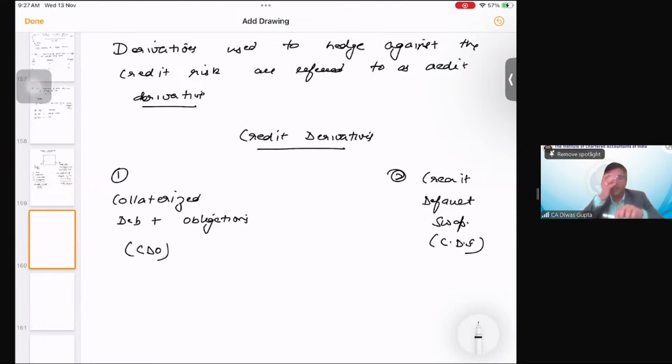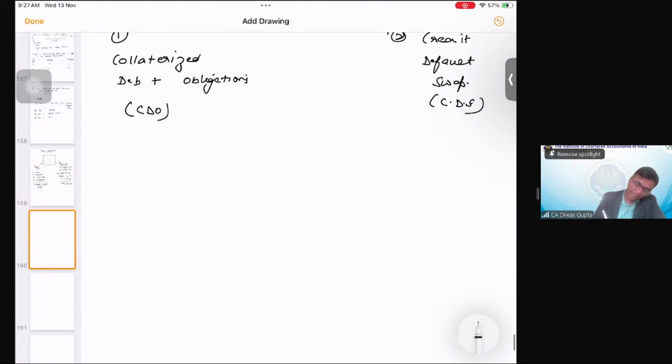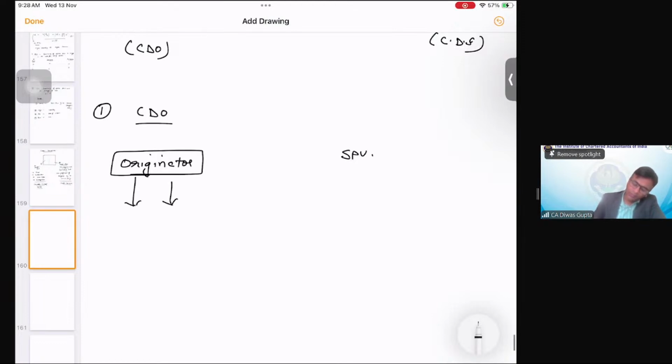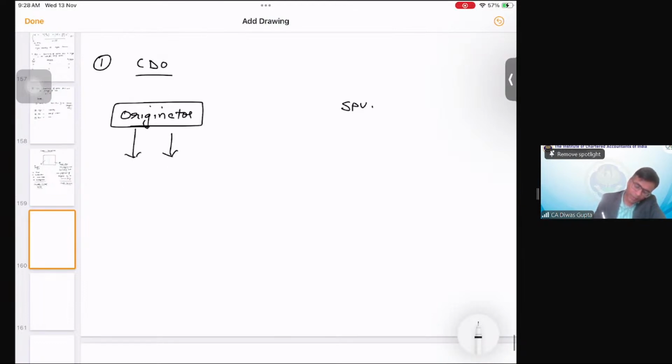Okay. So first, let's start with collateralized debt obligations, CDO. So from our securitization knowledge, students, I'm just borrowing the securitization knowledge, wherein we discussed that there is an originator, then there is an SPV. Originator has given loans to borrowers.